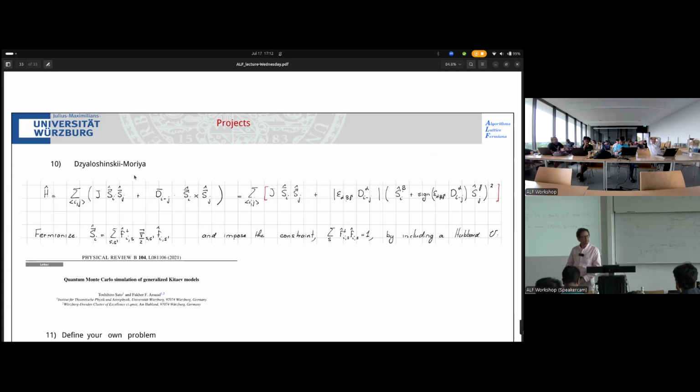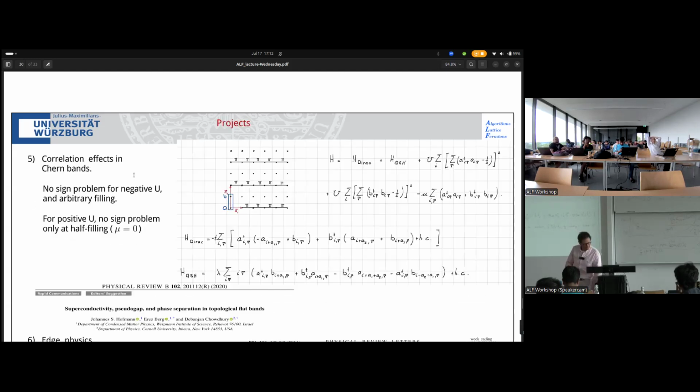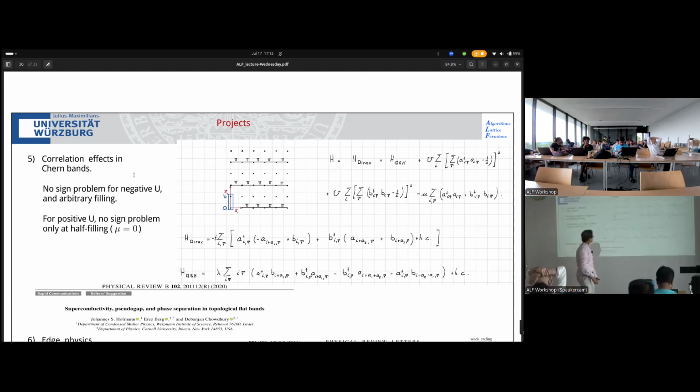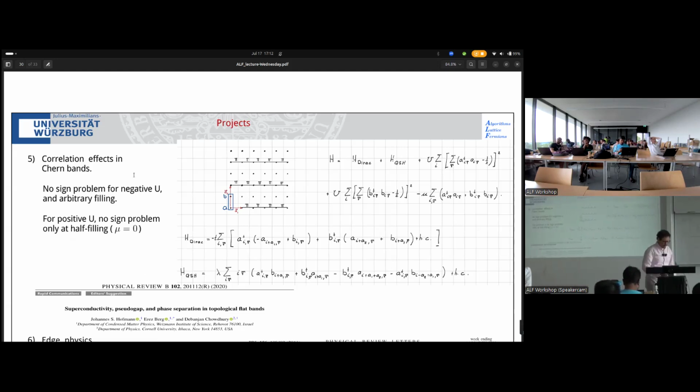Because you were talking about it. So for the repulsive case, what you want to do is put a plus chemical potential here and a minus chemical potential here, correct? Right. It doesn't break particle-hole symmetry, but it breaks the partial particle-hole symmetry you need, right? So I think that it will mess it up.